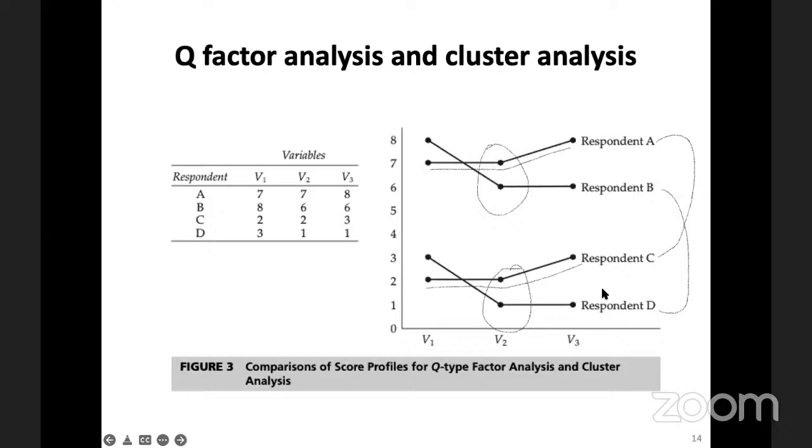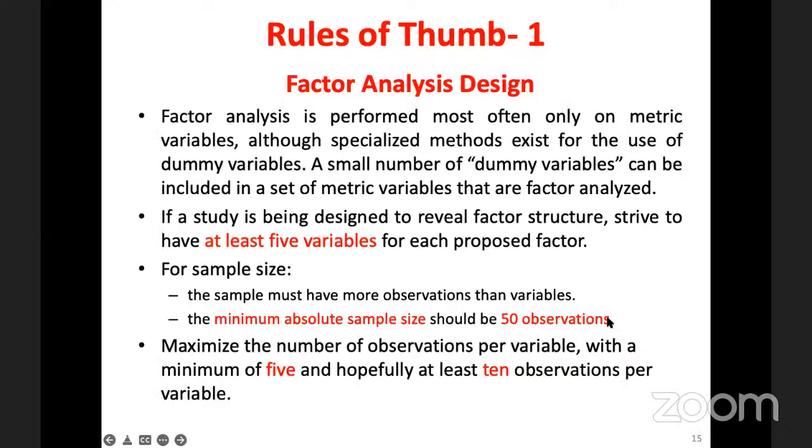So for A and C, we have Q factor analysis, and in cluster analysis, A and B make the cluster. Otherwise, in Q factor analysis, A and C are similar, and B and D. So this was the small difference between Q factor analysis and cluster analysis.